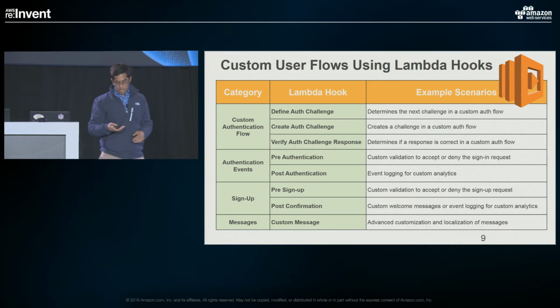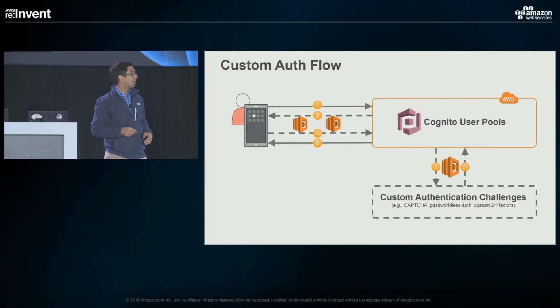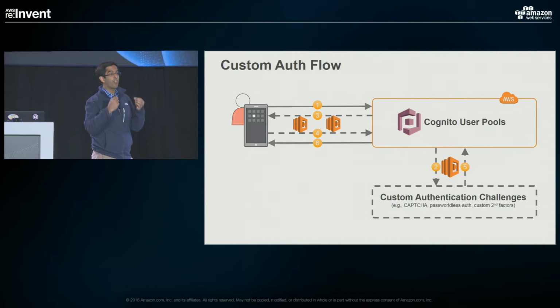So rich functionality there, and let's talk a little bit more about the custom authentication flow. This essentially, again, allows you to customize the actual authentication that the user goes through. Our service is password-based, so typically every user will have to go through a password-based authentication. With this flow, you can supplement that. You can add additional challenges, like a CAPTCHA challenge or a custom second factor challenge.